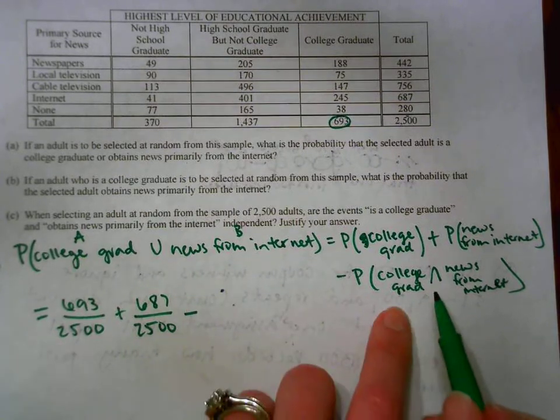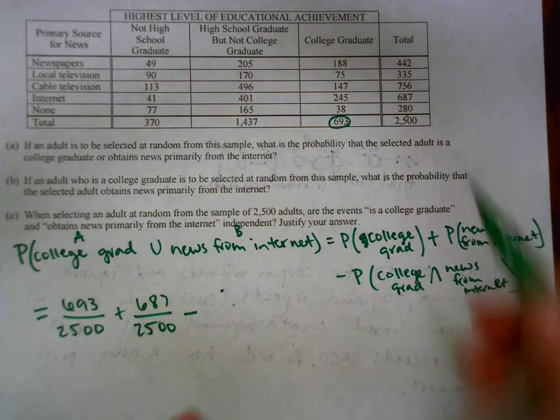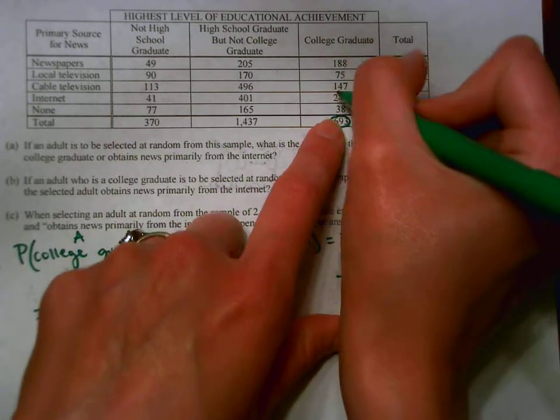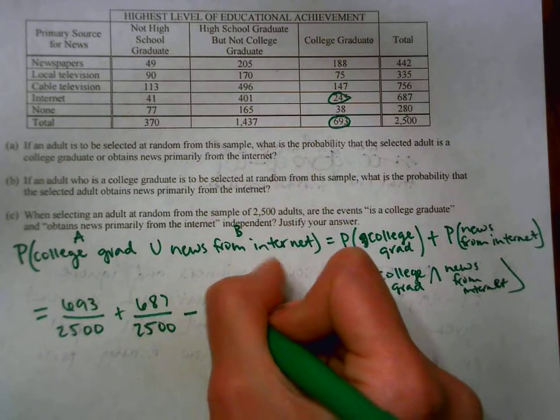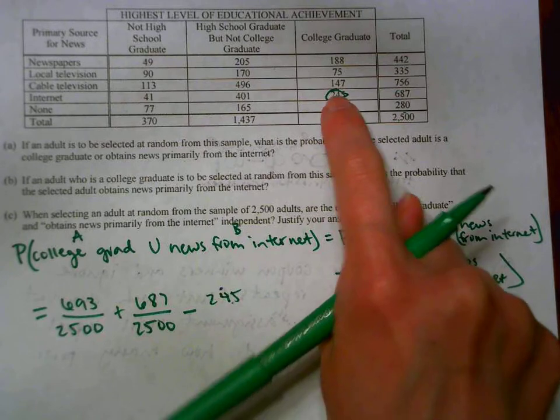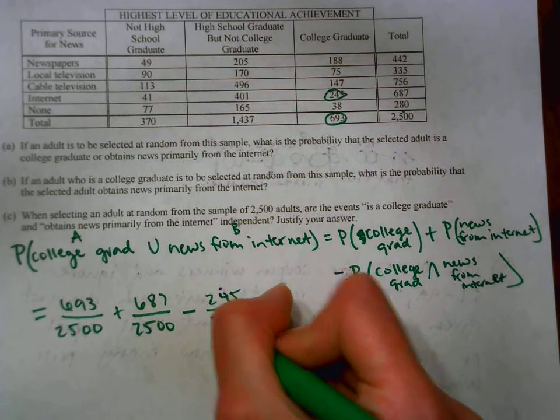Minus, what's the probability of selecting someone that's a college graduate and gets their news from the internet? So you got a college graduate and getting internet news is 245. See, because that 245 was in this total and that total, you got to subtract it so you don't double count it.